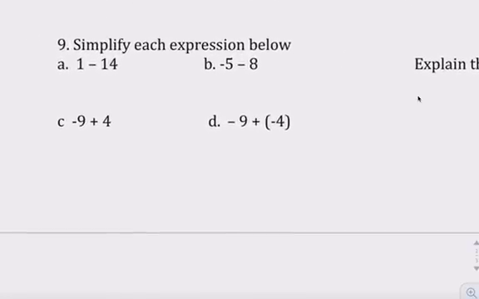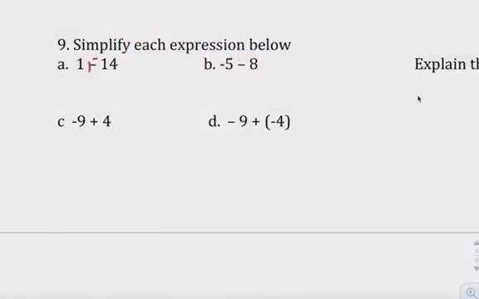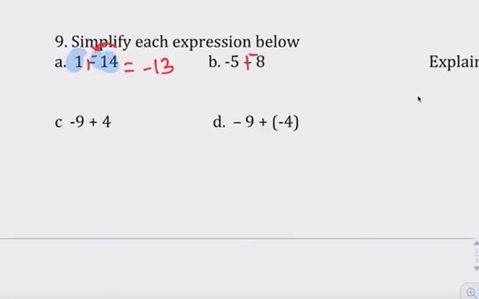Simplify each expression below. Letter A, additive inverse plus a negative. The signs are different. One is a negative, one is a positive. You subtract, you get 13, and the bigger number takes the sign. So it's a negative 13. Letter B, additive inverse plus a negative. Both numbers are negative. Your answer is 13.